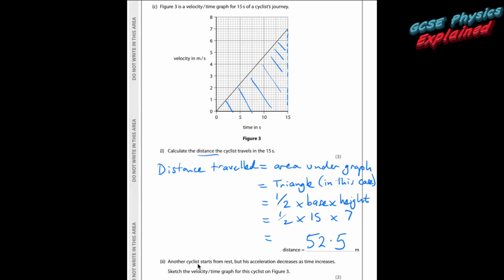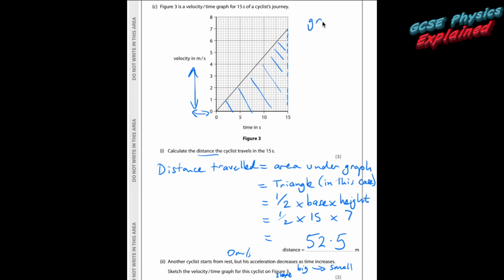Part 2. Another cyclist starts from rest, so that's 0 meters a second, but his acceleration decreases as time increases. Sketch the velocity time graph for this cyclist. Right, so his acceleration is going to start off big and then it's going to go small. Now basically the gradient of the slope is the acceleration because the velocity is changing over time.